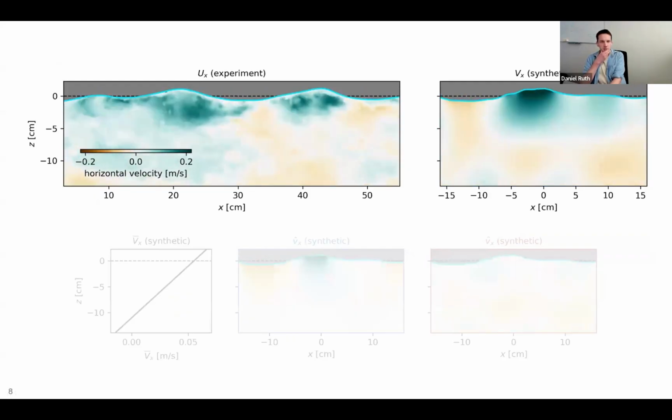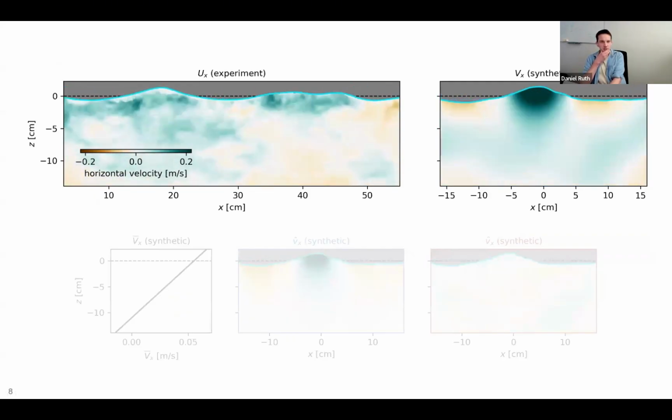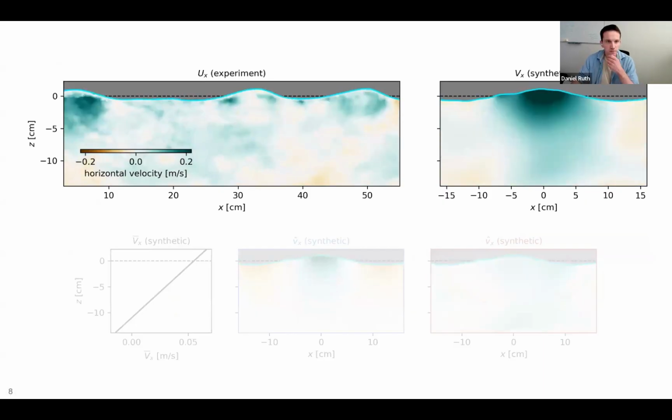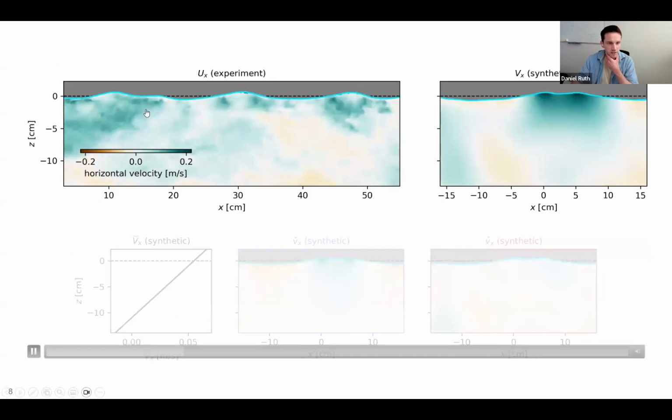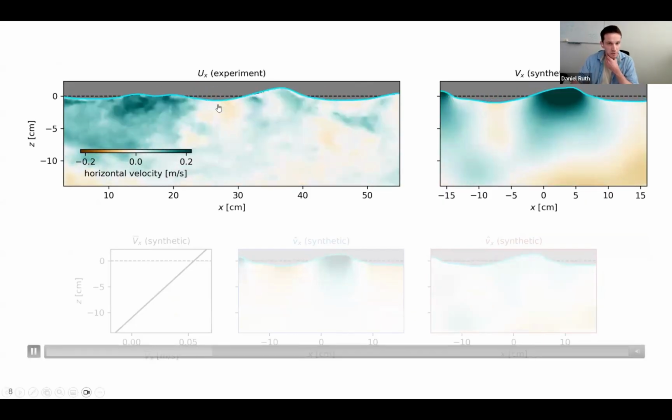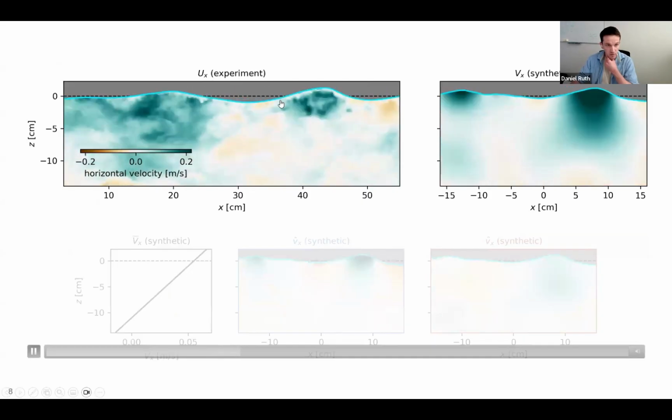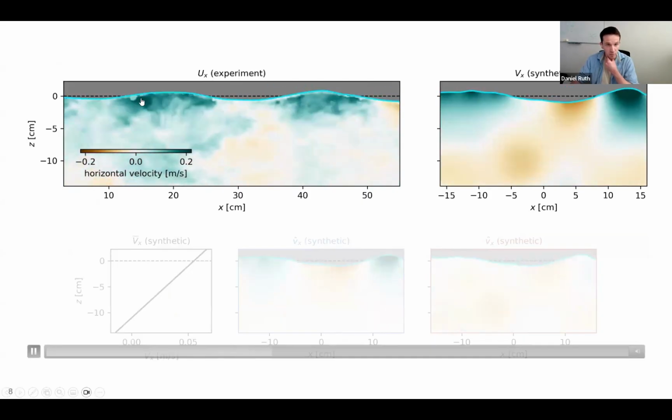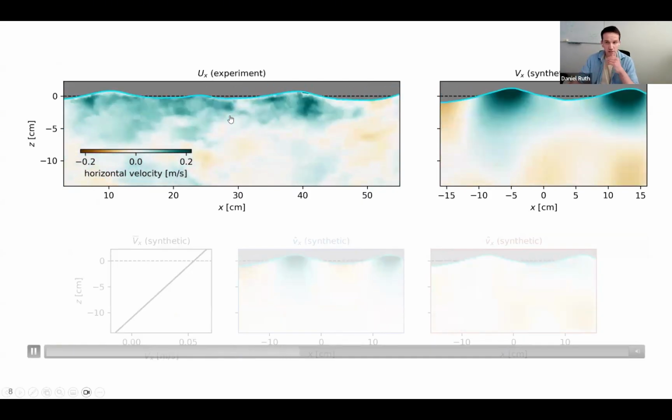All right, so this slide is an animation showing the two data sets. The experimental results are on the left. We're looking at the horizontal velocity with the wind blowing from the left to the right, and you can see the waves are moving and inducing some orbital motions, but also with turbulence on top of that.